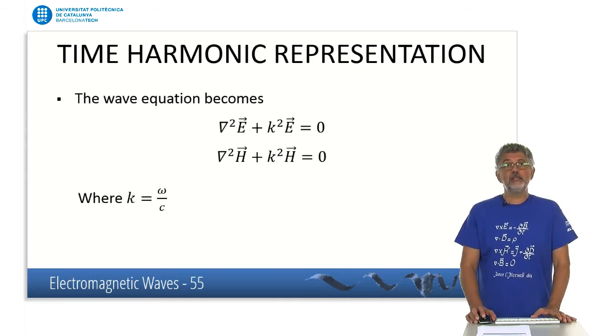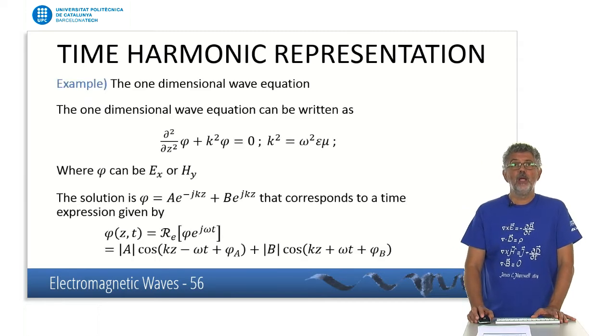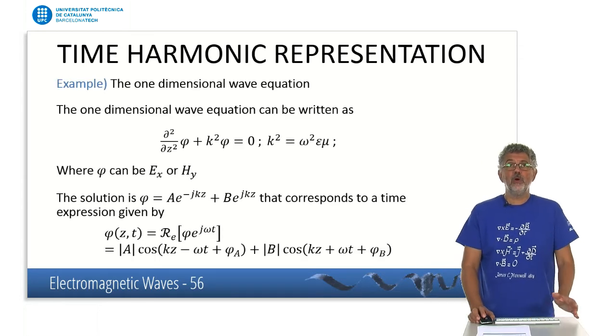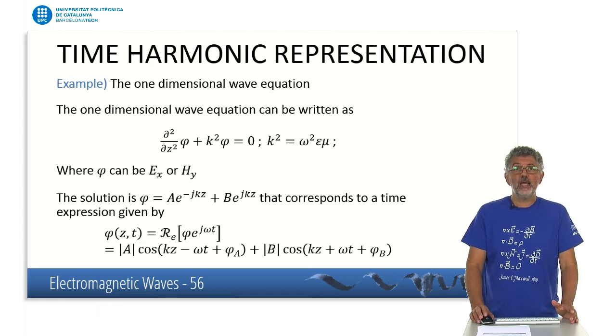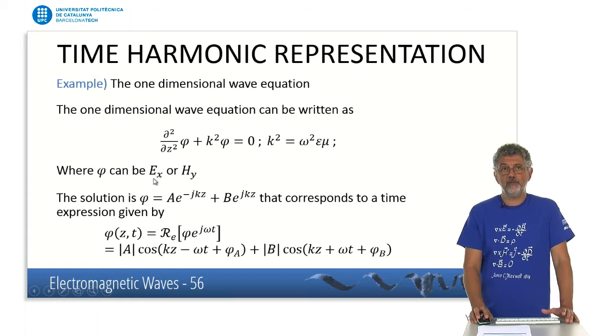Now, when we use this time harmonic representation, this is the wave equation, and if we go to the one-dimensional case, we can write it in the following way. We have this space derivative, k squared, where k squared is omega squared, the frequency, times mu epsilon. We are using the letter phi just to represent either the electric field or the magnetic field.